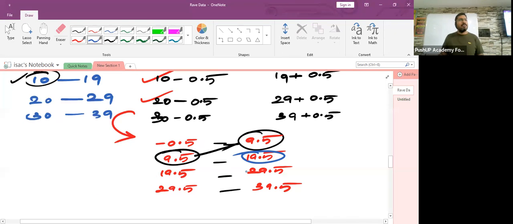For 19.5 to 29.5, the lower limit is 19.5. They both are matching, isn't it? So this is how we convert the discontinuous class interval into a continuous class interval by using what, children? An adjustment factor.